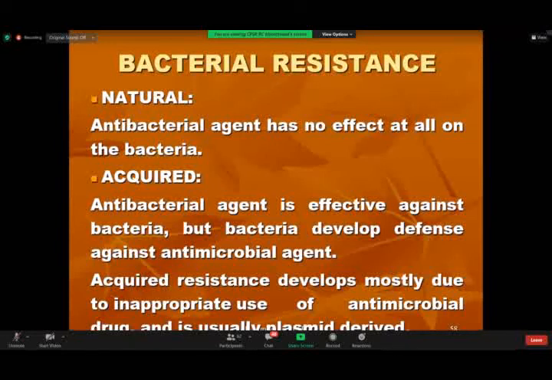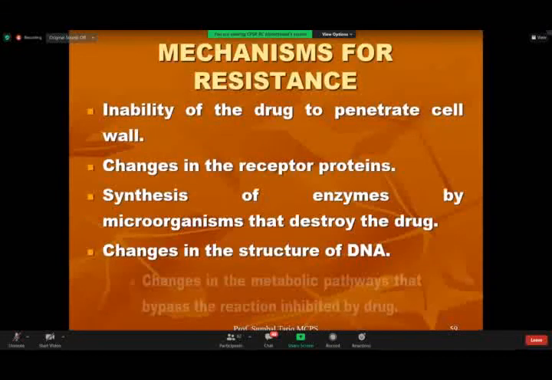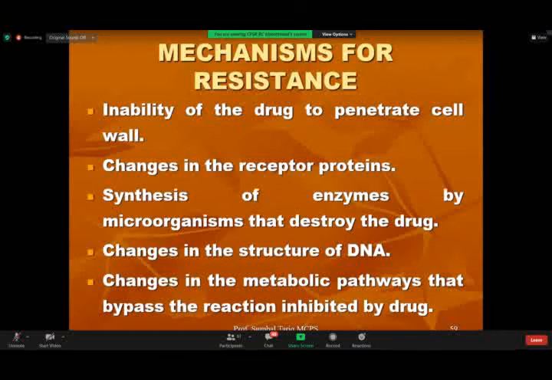And usually all of the acquired resistance that develops against the antimicrobial agent is plasmid derived. The mechanism is, number one, the bacteria may suddenly change its wall. If it changes its consistency, as I said, penicillins and cephalosporins and monobactams will go and bind at a specific penicillin binding protein, or cephalosporin binding protein, on the wall.